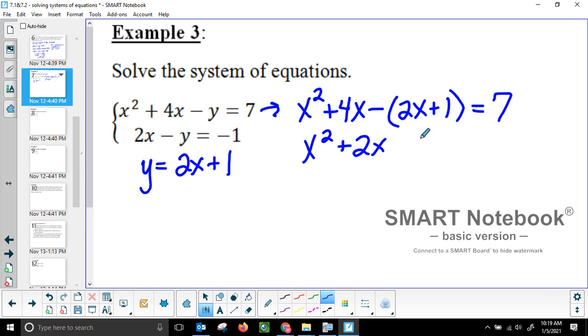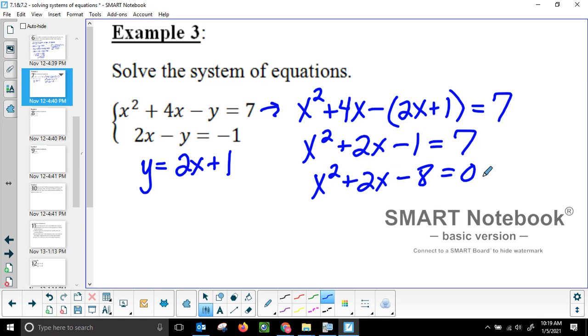We have to distribute that negative here, so we have minus 1 equals 7. To solve a quadratic, we actually want to have it set equal to 0. So we're going to want to bring this 7 over here. So x squared plus 2x minus 8 is equal to 0. This will factor to x plus 4 and x minus 2.